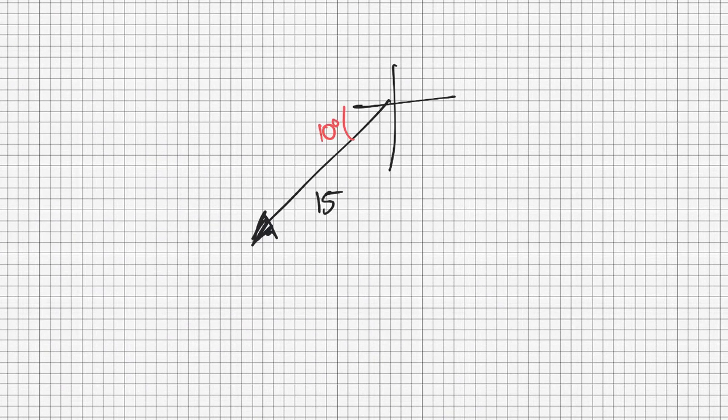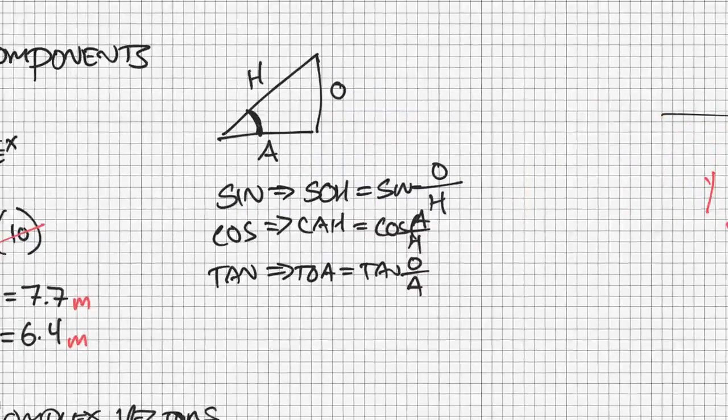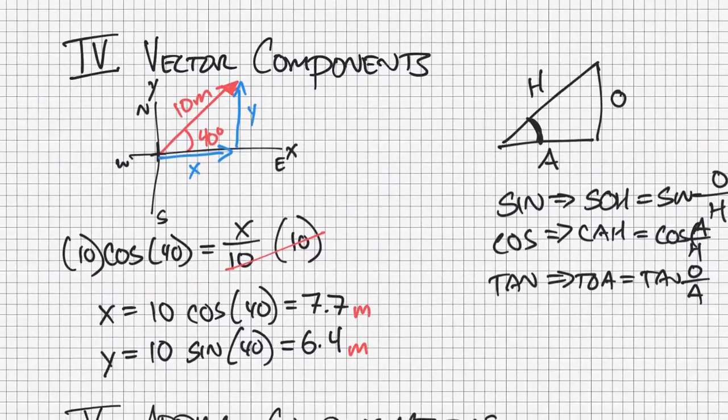If I have something that is 15 newtons at 10 degrees south of west, my X component would be here and my Y component would be here. You'll notice in the last one both values were positive.